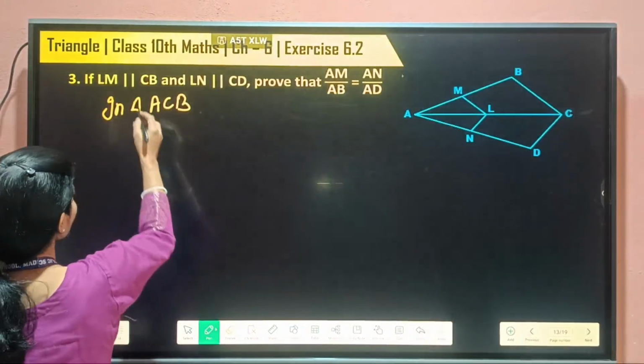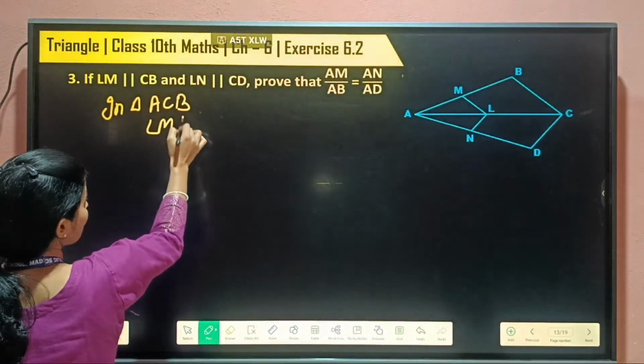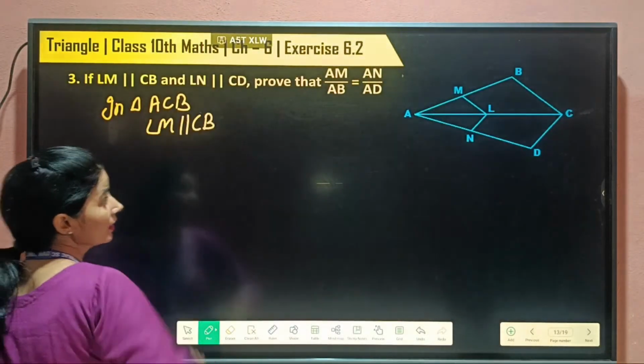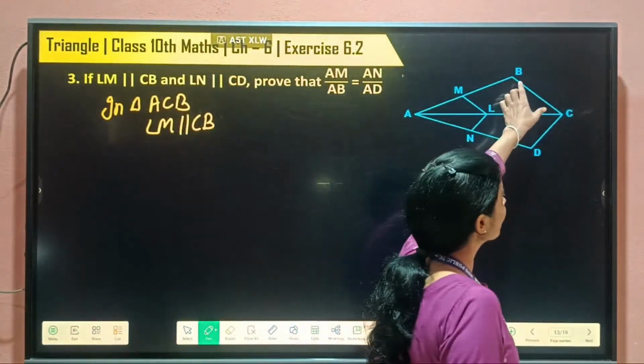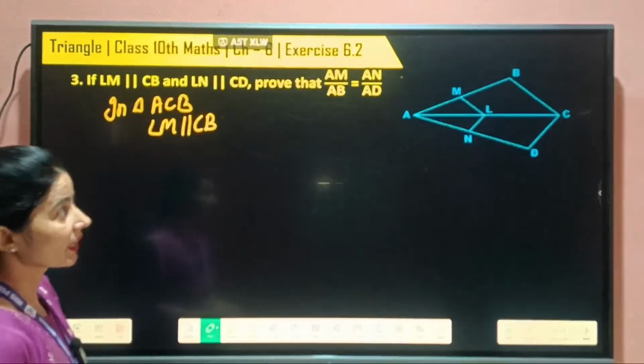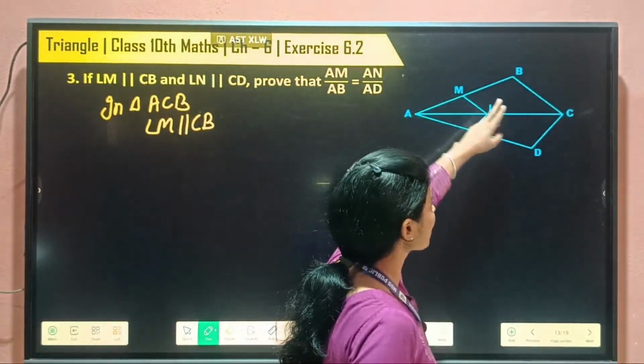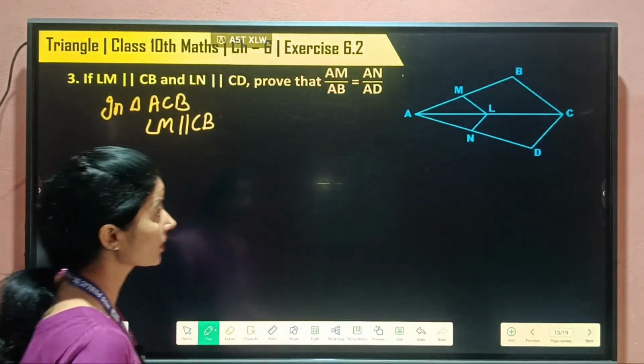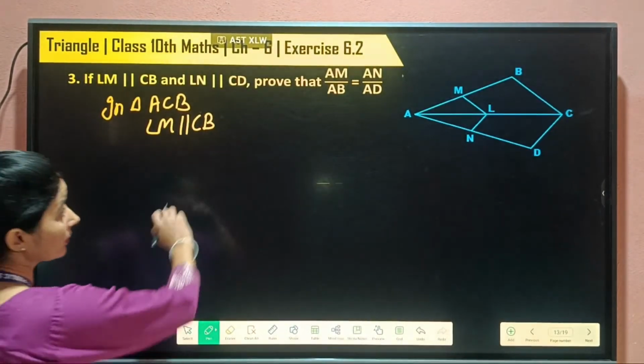We know this LM is parallel to CB. It is given to us. Then by BPT theorem, I can write their corresponding sides ratio will be equal.